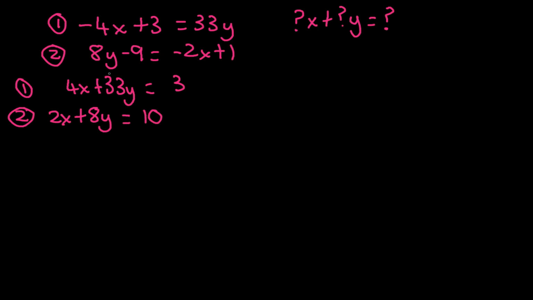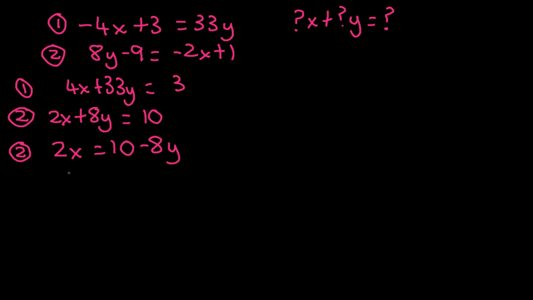Recalling our technique for substitution, what we want to do is get either the x on its own or the y on its own and express the equation in terms of the other variable. Let's do it for equation 2. So equation 2, if we subtract 8y from each side, we get 2x is equal to 10 minus 8y.